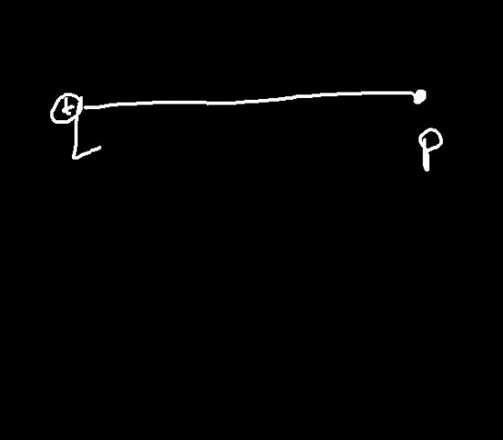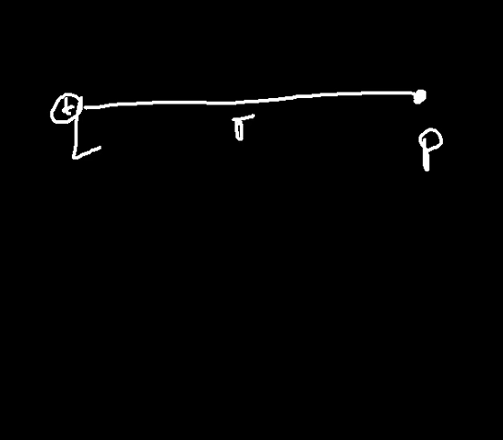Let's say we have a point charge here, given as a positive charge, and we'd like to find the electric field due to this charge at this point P, and this is the separation distance between the two.